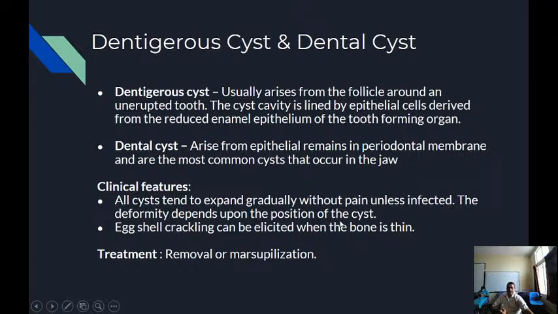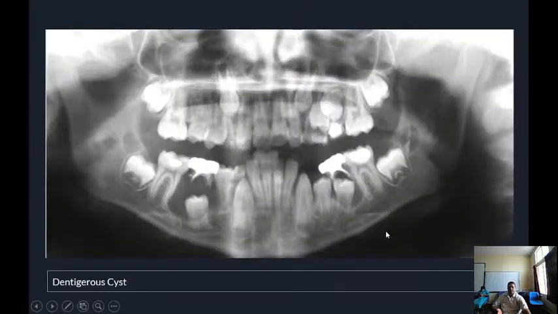The deformity depends on the position of the cyst, the eggshell crackling, as I told you, and the treatment is removal, or if it's a big one, marsupialization. Radiologically, this is the tooth which is not erupted, and so it's something like a cyst-like thing. Okay, so that is a dentigerous cyst, and it is not a tumor once again.